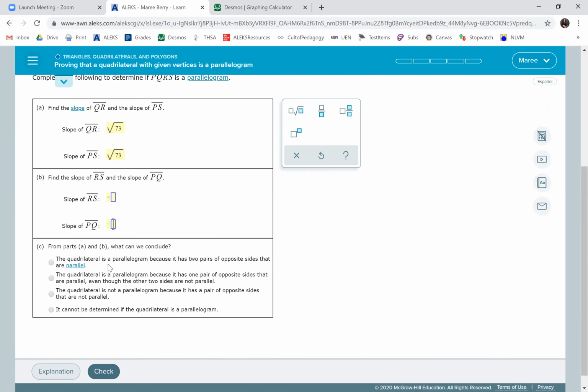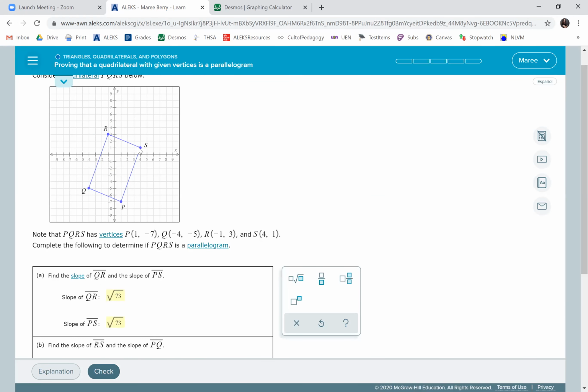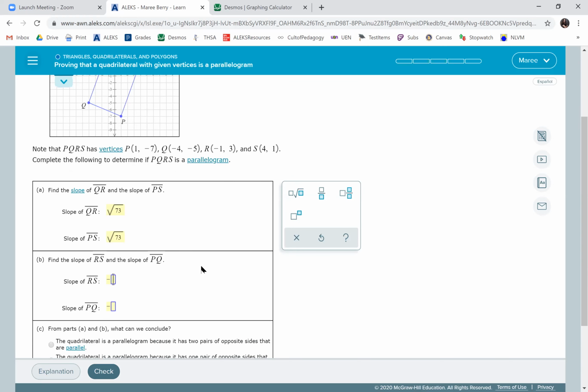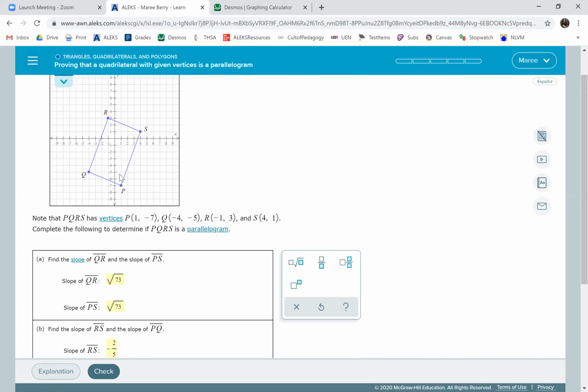Okay, so RS, rise 1, 2, to the left 1, 2, 3, 4, 5. So 2/5 for this one. And then we'll find PQ is 1, 2, and 5. 1, 2, 3, 4, 5. So 2/5.